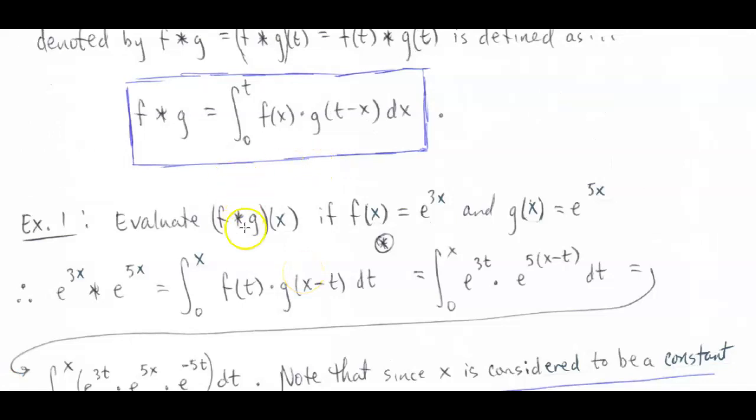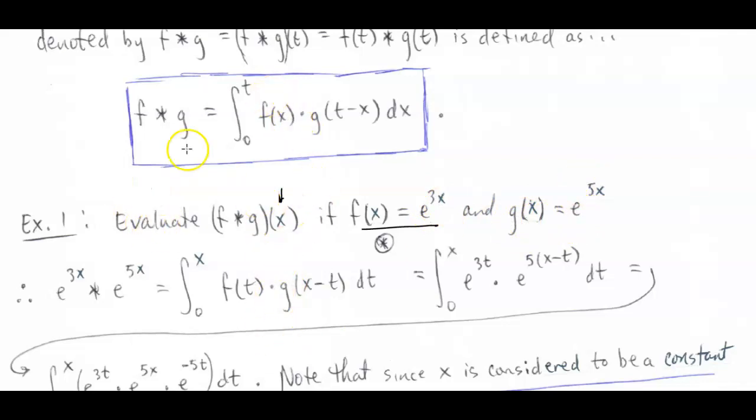All right, so for our first example here, we want to convolve both f and g, and both of these functions are defined in terms of x. And we say that f of x is e raised to the 3x, g of x is e raised to the 5x.